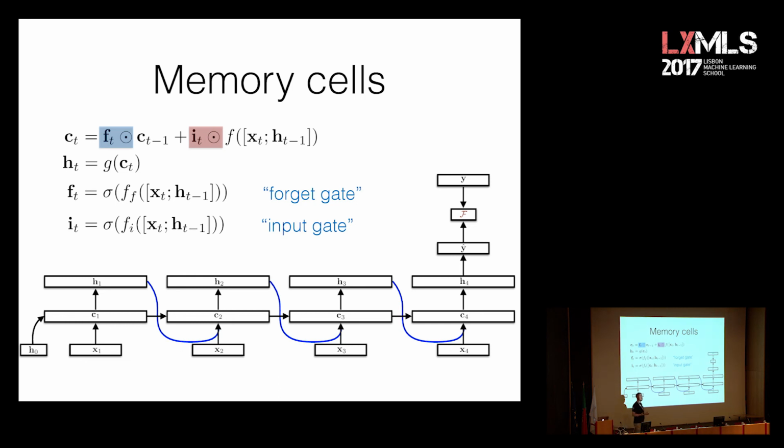Maybe we already know things, for example, and the input isn't telling us anything interestingly new, so we don't need to update our memory cell at all. So those things can get zeroed out. And again, how are we going to know what things we should input and what things we should just ignore? I think maybe a better name for this would actually be the ignore gate. We are going to learn that as well.